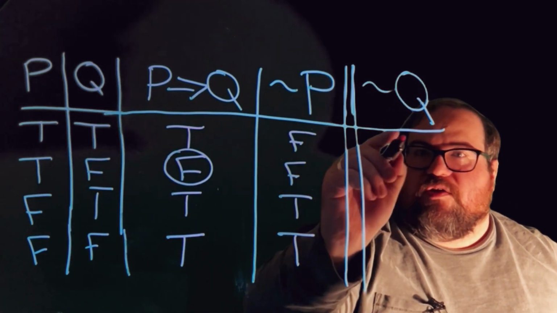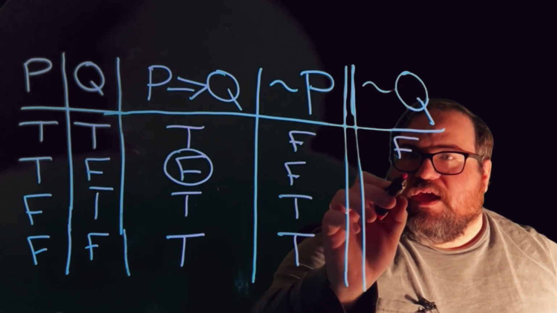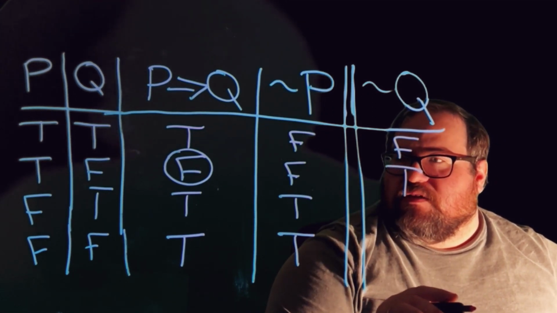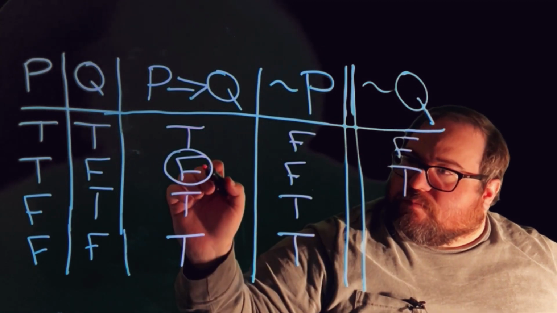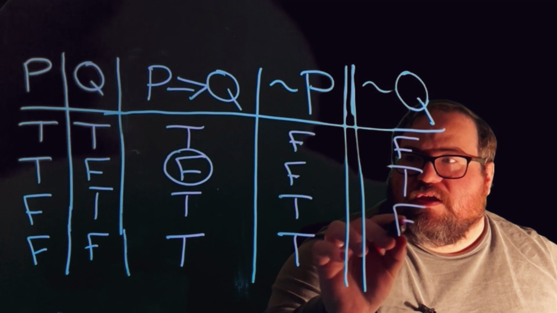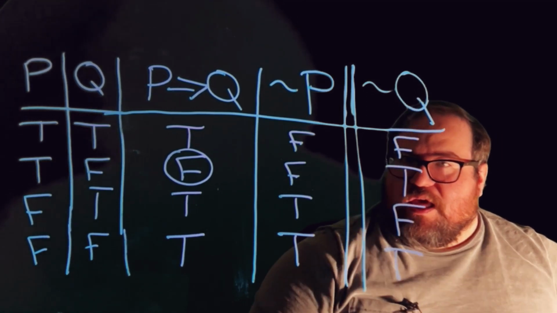So if it's true here, that means it's going to be false here. That means it's going to be true here. That means it is going to be false here, and it is going to be true here.